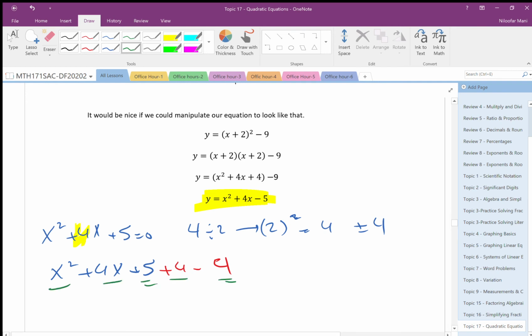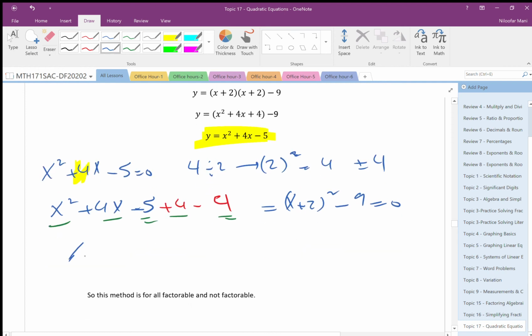Oh, I have minus 5. Sorry, minus 5. Okay, so it is x plus 2 squared minus 9 equals 0. Easy. So x plus 2 squared equals 9. So x plus 2 equals plus minus 3. So one of the answers is x equals 3 minus 2, which is 1. One of the answers is minus 3 minus 2, which is minus 5.